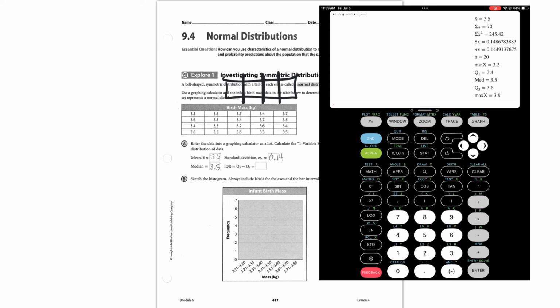So IQR stands for inner quartile range. It's the distance between Q1 and Q3. And in our calculator, it says that it's 3.4 at Q1 and 3.6 at Q3, which is a difference of 0.2.